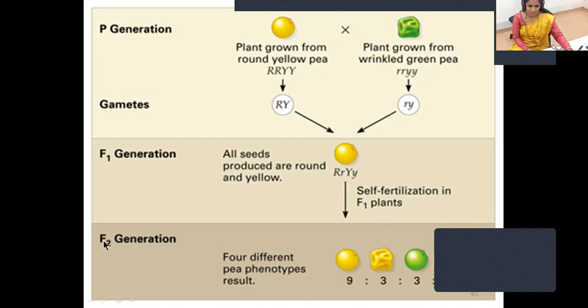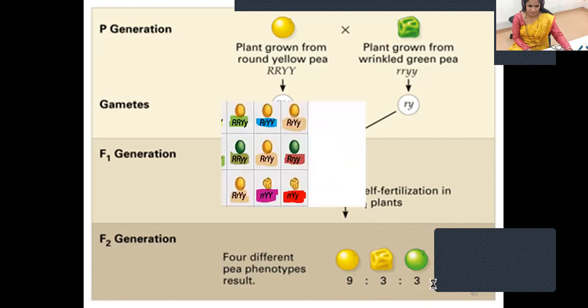After self-fertilization in F2, you'll be able to find 4 different pea phenotypes, right? That is round yellow, then wrinkled yellow, the next one round green, then wrinkled green, in the ratio of 9 is to 3 is to 3 is to 1.